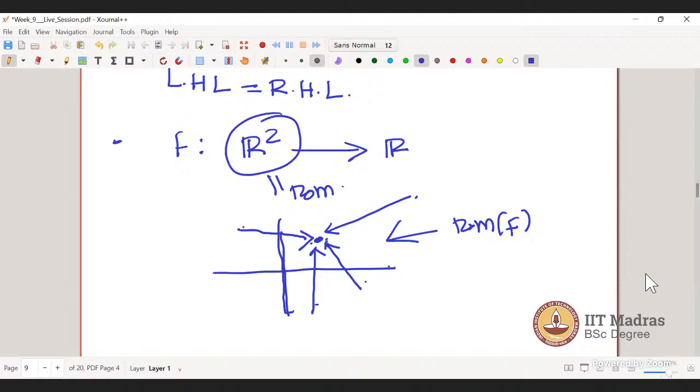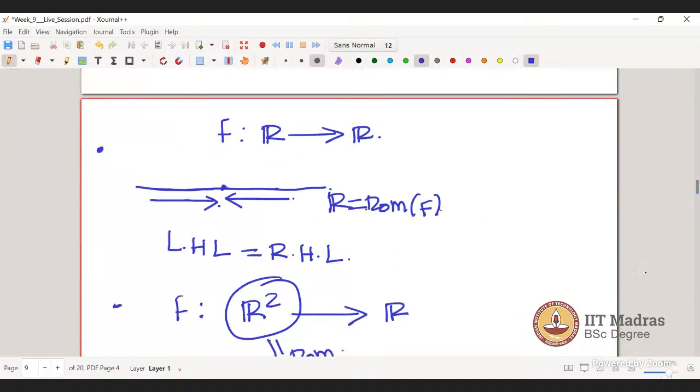To show that a limit doesn't exist in the case of one variable, we compute the left hand limit and the right hand limit. If they are not equal, then the limit doesn't exist.